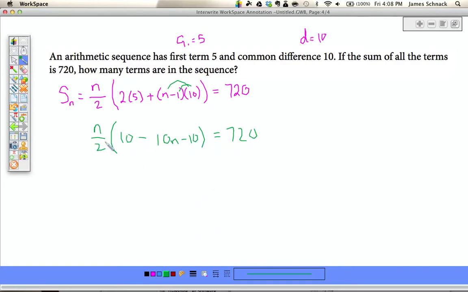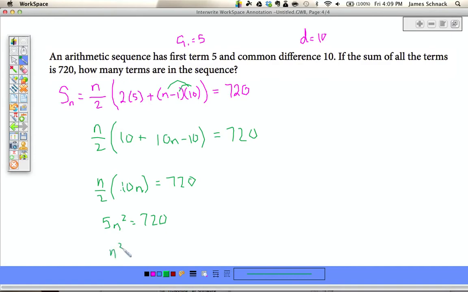Well, 10 minus 10 is 0. I'm just simplifying now. N over 2, it would be positive 10n, my apologies, equals 720. Multiply these together, we get 5n squared equals 720.